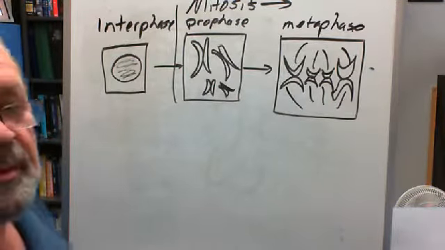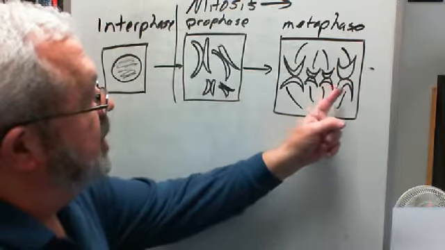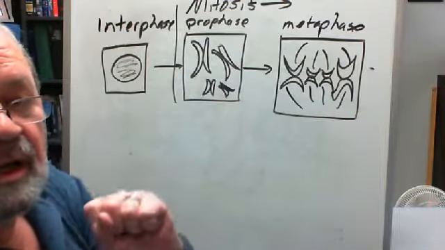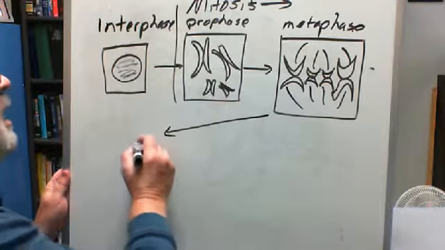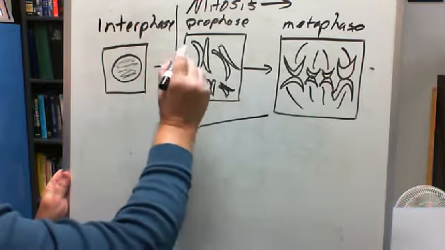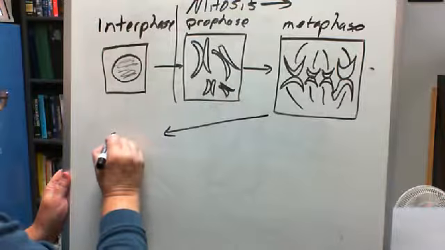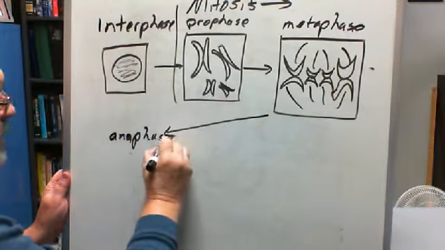And how many chromosomes are in this picture? 1 duplicated, 2 duplicated, 3 duplicated, 4 duplicated. 4 duplicated chromosomes. Now let's come across here. After metaphase is anaphase. Prophase, metaphase, anaphase. A-N-A-P-H-A-S-E.